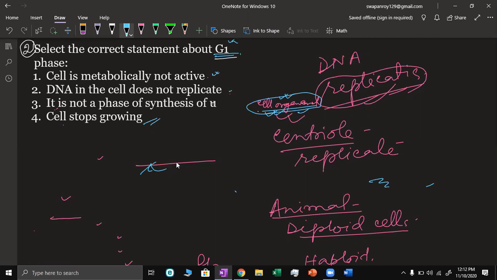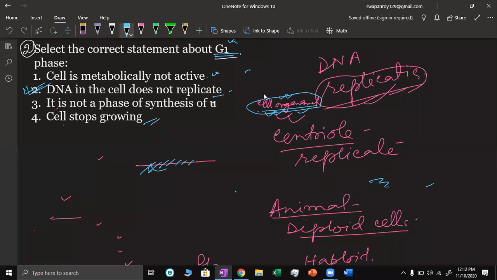It is option 2, the DNA in the cell does not replicate.